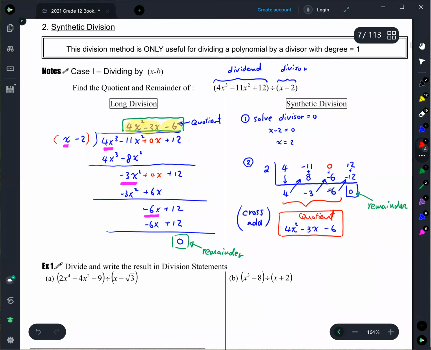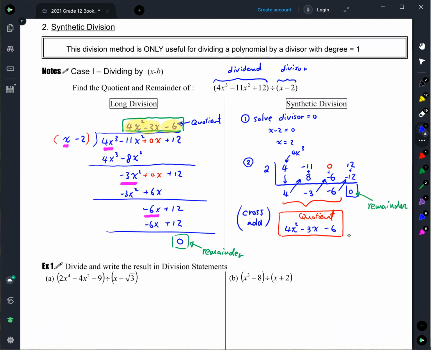Jason, yeah, Susan? Can you explain how do we know what variables to use at the end when we get the quotient for the synthetic? Okay, so you look at the dividend, the first term is 4x cubed, right? So the quotient will be 1 exponent lower. So if it starts with x cubed, then your quotient will start with x squared.